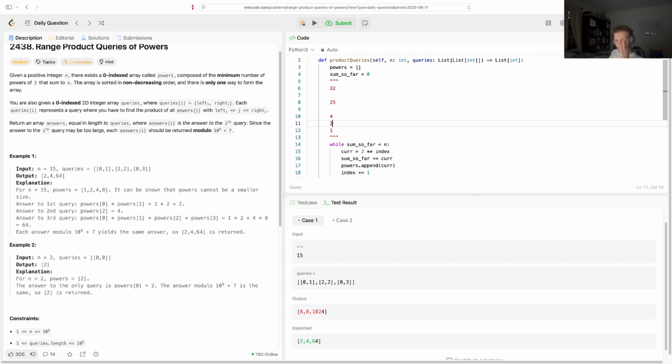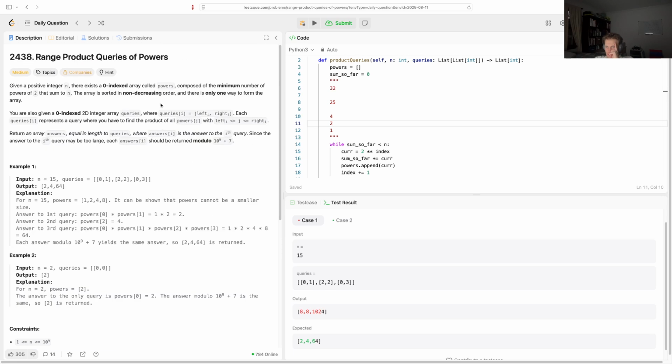How do you find the next smallest one? Like 33, for example. How would you get that? I don't think that's possible. Or would it be two ones?